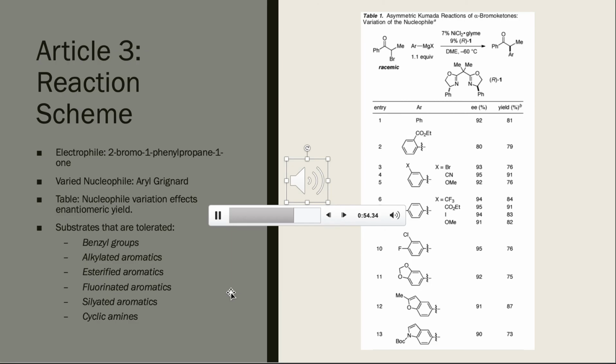The catalyst used in this reaction was a nickel dichloride complex. Application of this synthesis was for the expansion of the available Kumada coupling reactions, just trying to diversify the known reactions for this style of cross coupling.